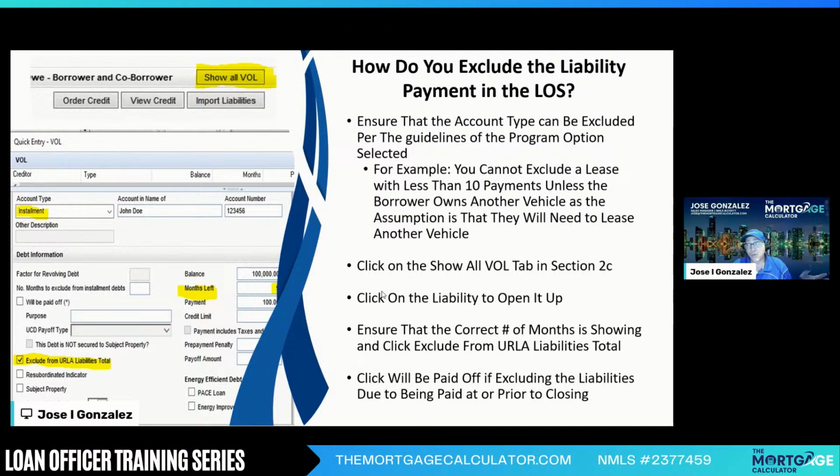For some people, it's quite a few liabilities. Then you're just going to scroll down till you find the liability in question. You're going to click on it, and that's going to open the liability detail below. And it's going to look something like what you see right there.